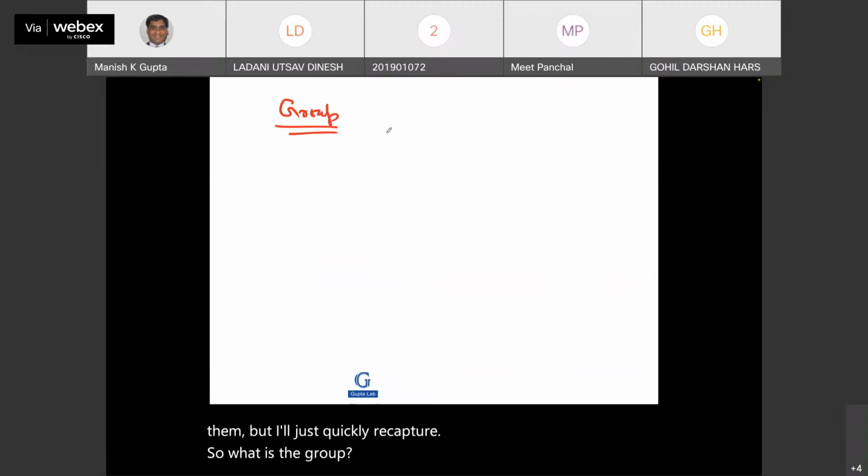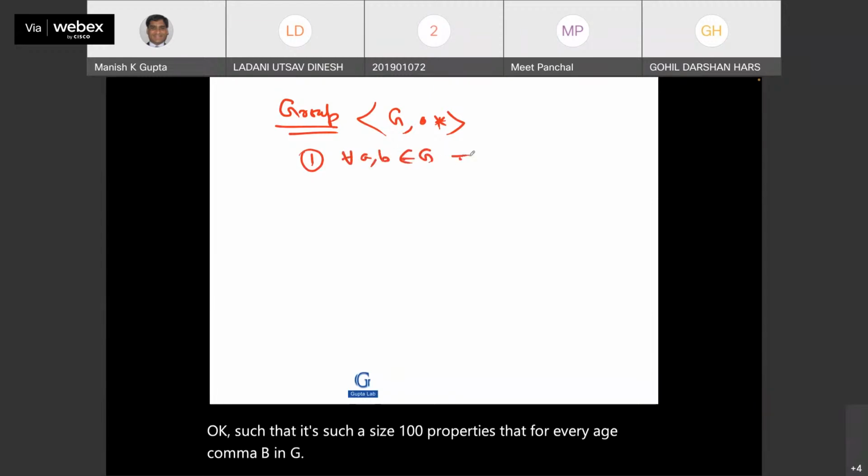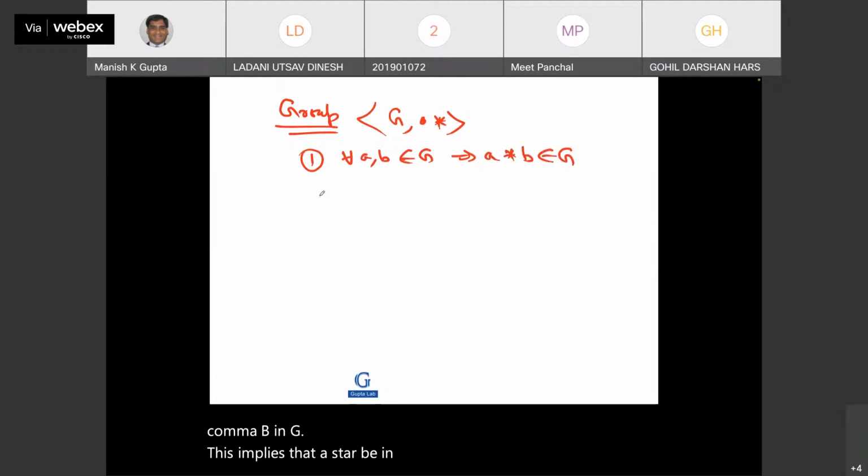A group is basically a set together with a binary operation, say star, such that it satisfies certain properties. First, for every a, b in G, a star b is in G, closed with respect to the star operation.